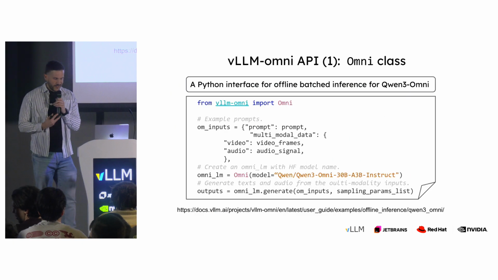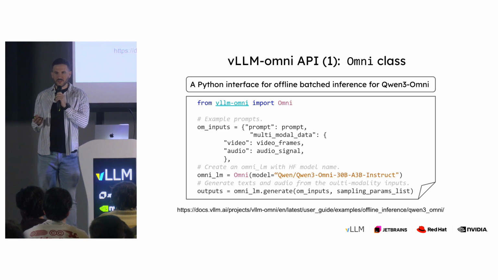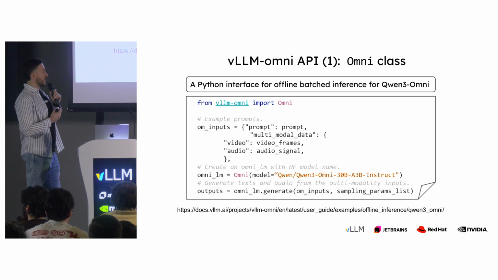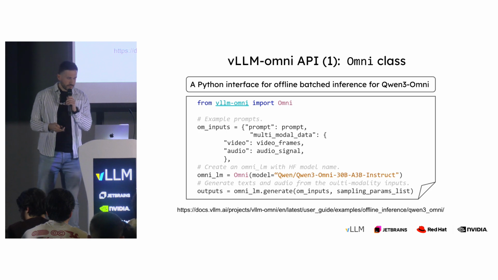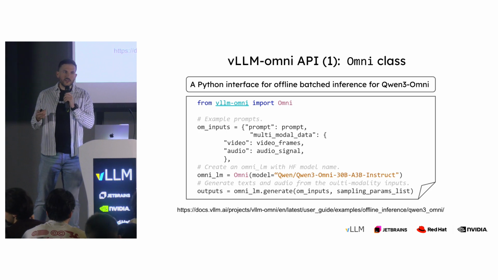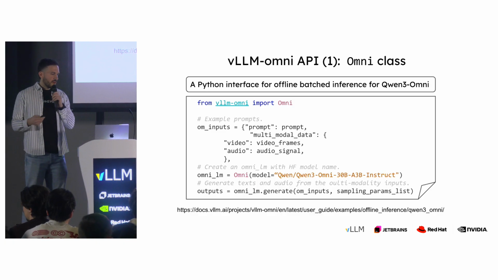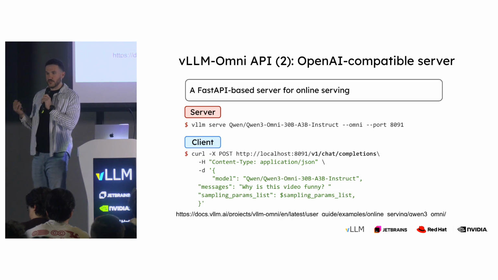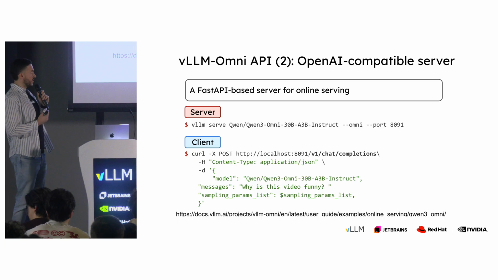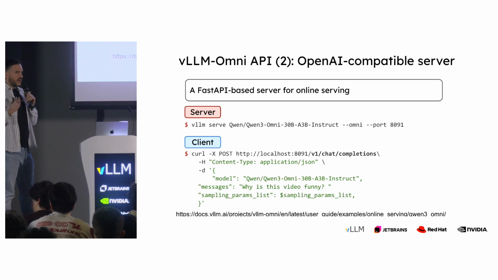So let's get right into the hands-on experience. What it offers out of the box is very close to what everyone is used to working with in vLLM. First of all, there's an offline API, so a way to just use Omni as a regular Python library. It is mostly useful for your offline workloads, so your batched workloads. And then you can also use it, of course, as a fully fledged server. So you spin up a FastAPI server, and what you get out of the box is basically, again, OpenAI API compliancy.